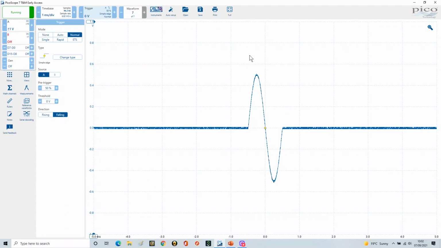So if I've got some random signal event, then rather than losing my screen altogether, which creates, for example, this, in the auto mode where it just went to a straight line like this, this only captures the event and only displays that, and it won't do anything else until it sees the same event again. Okay, and this is the difference between auto and normal. So that's actually really useful.